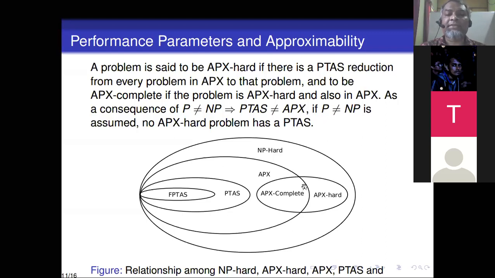And this is the APX class, where a constant approximation ratio algorithm exists. This is the APX hard part, and if a problem is both in APX and APX hard, then it is APX complete. So this is the commonly believed relationship among these classes of problems.